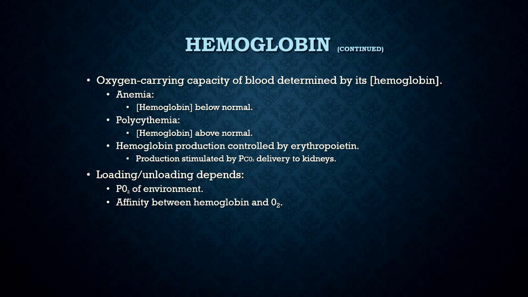And so this is going to be a direct relationship that depends on oxygen of the environment and the affinity for oxygen. So high levels of oxygen will favor loading, and then also strong bonds will favor loading and inhibit unloading.